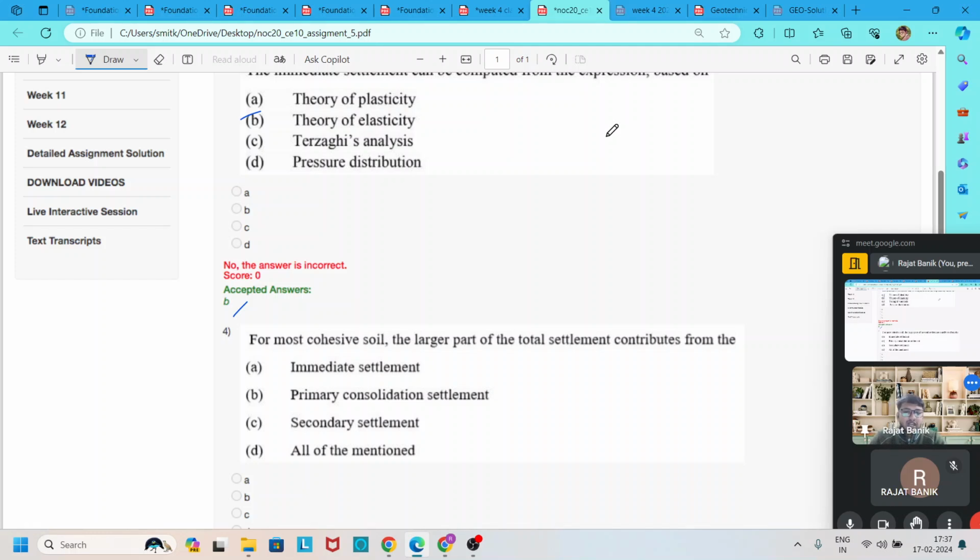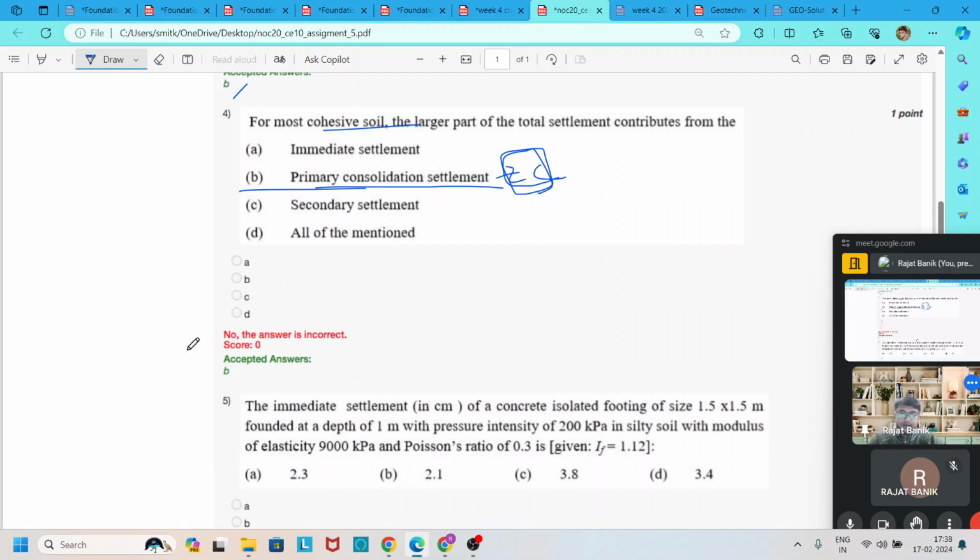But in a cohesive soil, the major portion of the total settlement occurs from primary consolidation settlement. The reason is that cohesive soil is impermeable in nature, so the settlement that occurs is consolidation settlement only. So our correct option is option B.